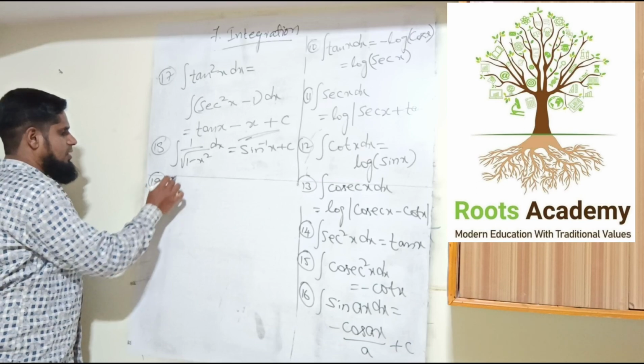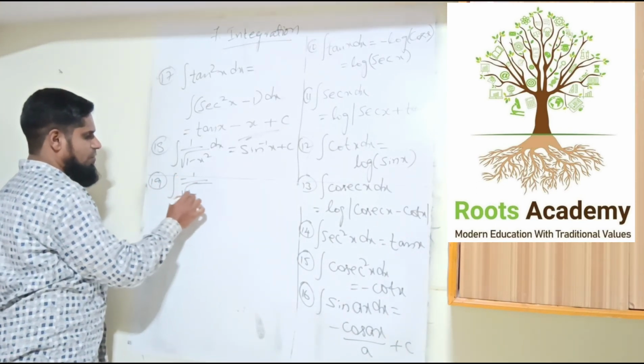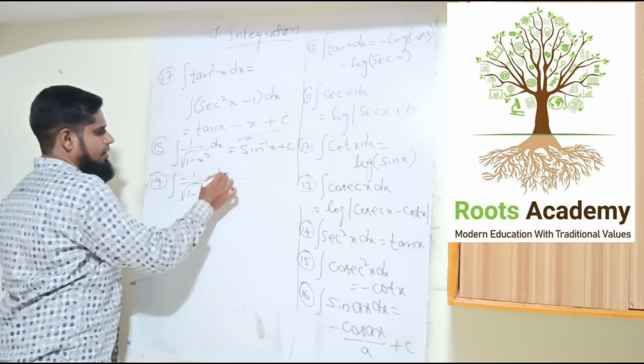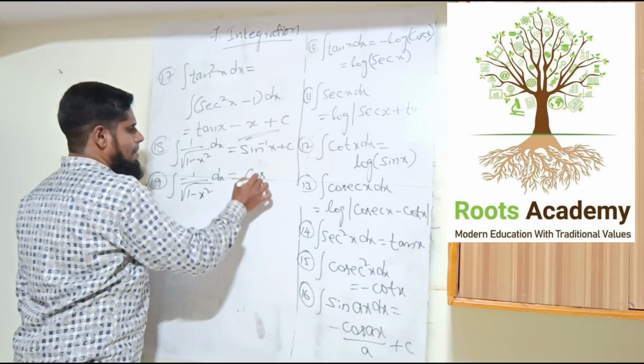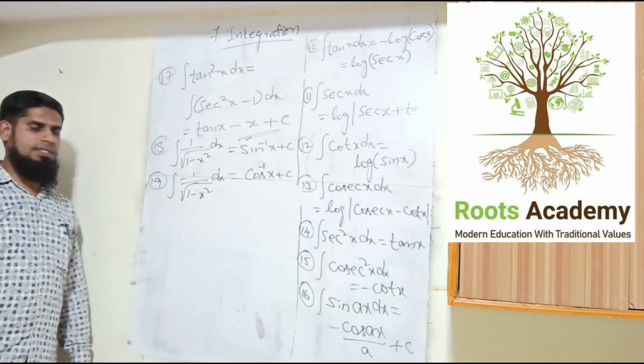Then integration of minus 1 divided by root of 1 minus x square dx is obviously cos inverse x plus c.